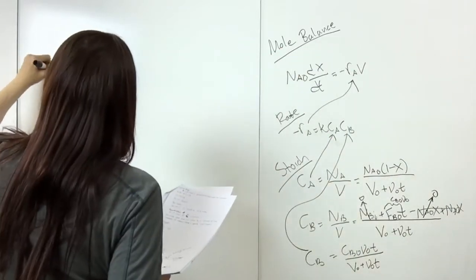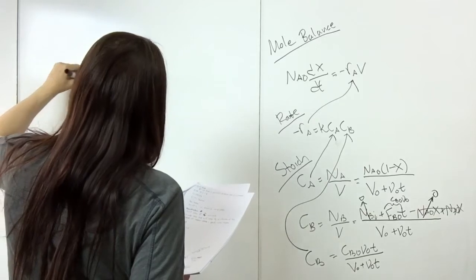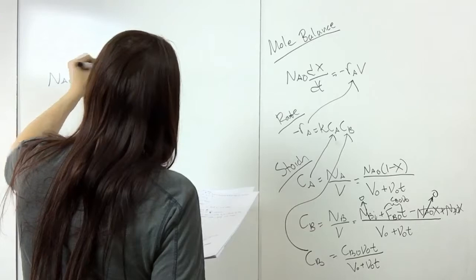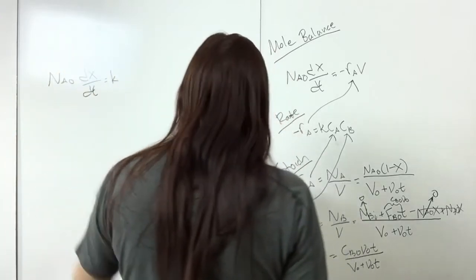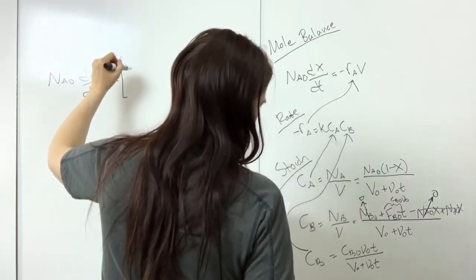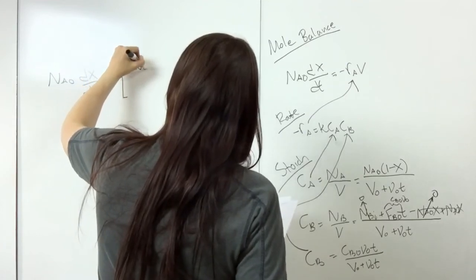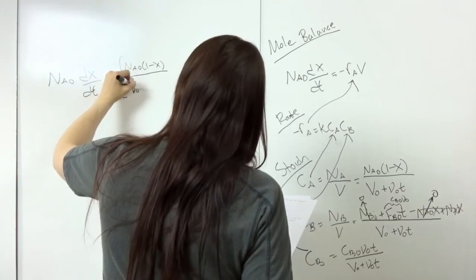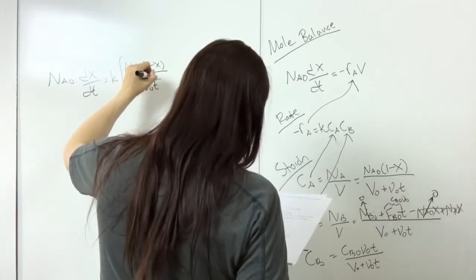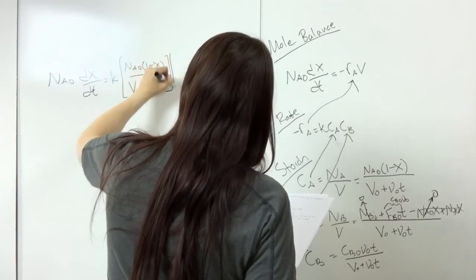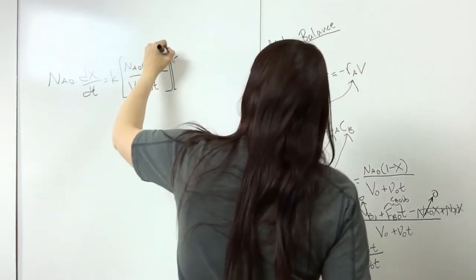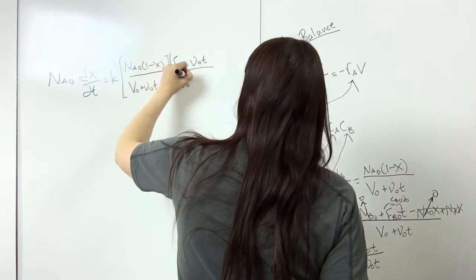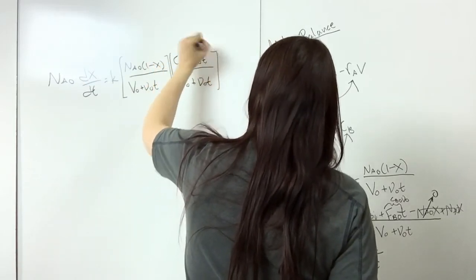So we get NA0 dX/dt is equal to k NA0 (1 minus X) over V0 plus v0 t, times CB0 v0 t over V0 plus v0 t.